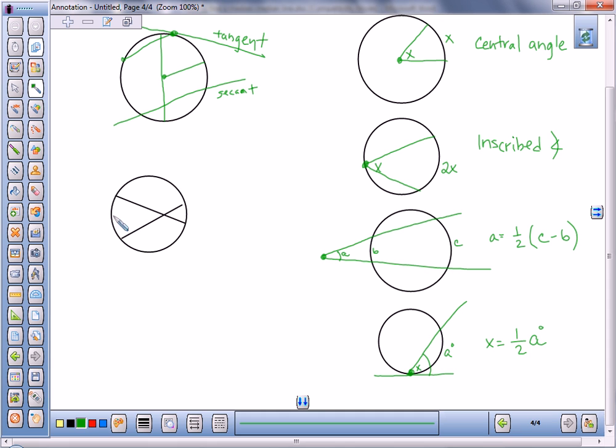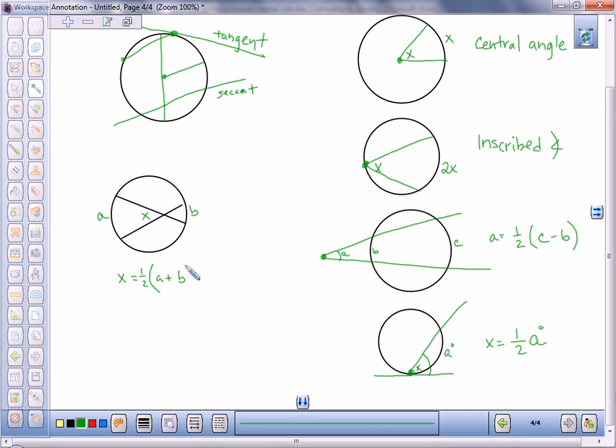On this one, it's half the sum of A and B. Or you can think of it as if you doubled that angle, it's equal to A plus B. Either way.